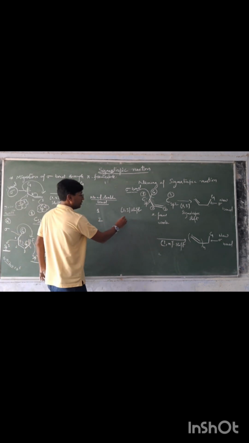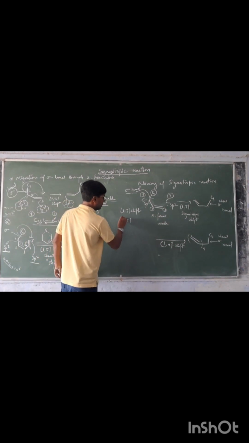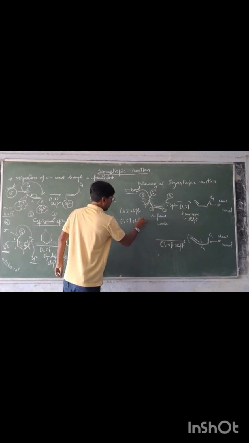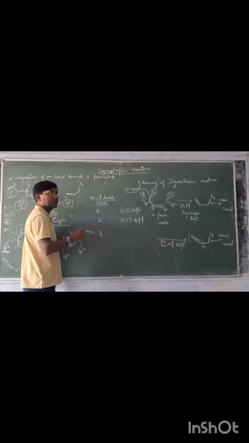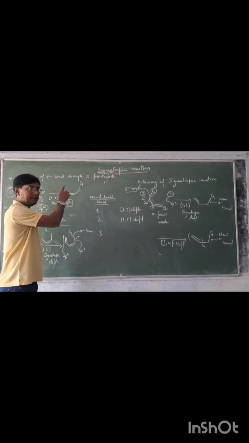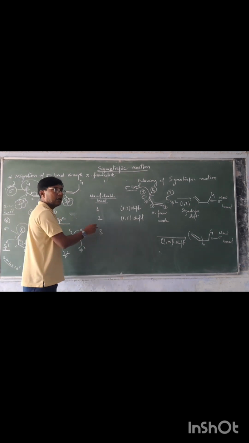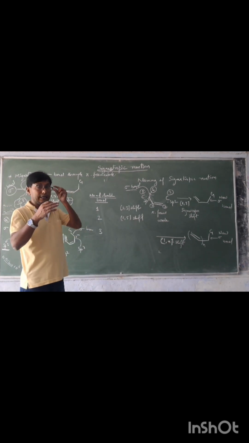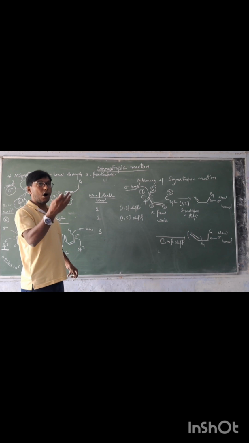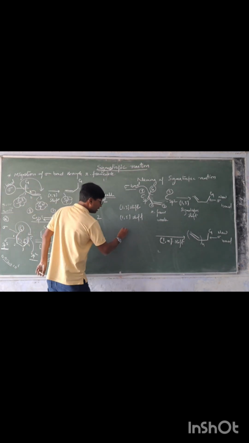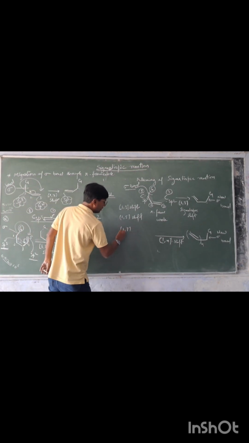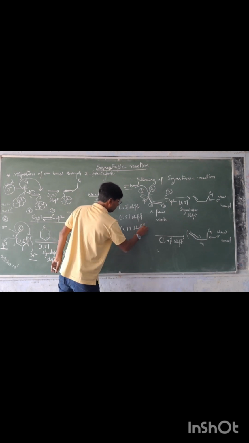So the shift is a 1,5 shift. If we have 3 double bonds, then a single, then a double: for every double bond there is an odd increase. Therefore this is going to be a 1,7 shift.